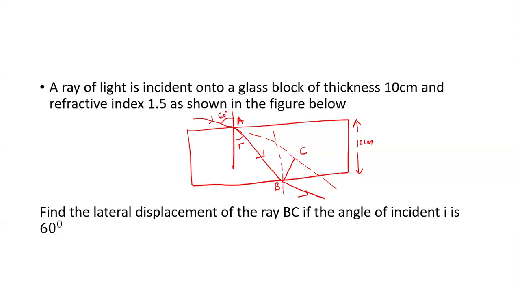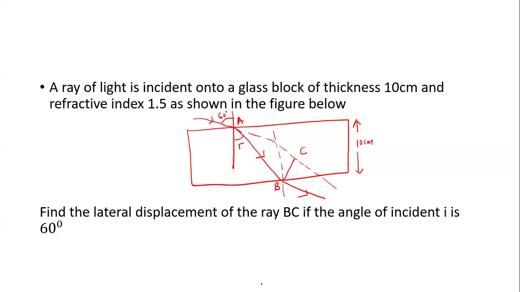That is our question that we are going to try out. Now, make a proper diagram. So they're telling us that a ray of light is incident onto a glass block of thickness 10 centimeters and refractive index 1.5 as shown in the figure below. Find the lateral displacement of the ray BC if the angle of incidence is 60 degrees.